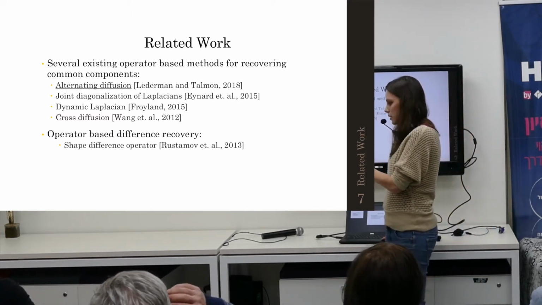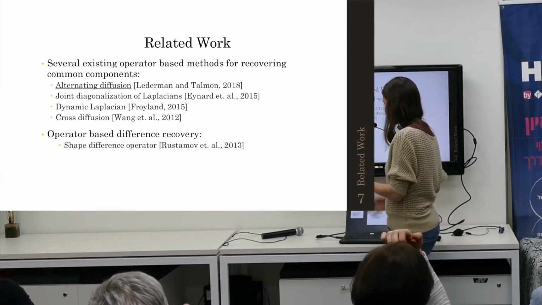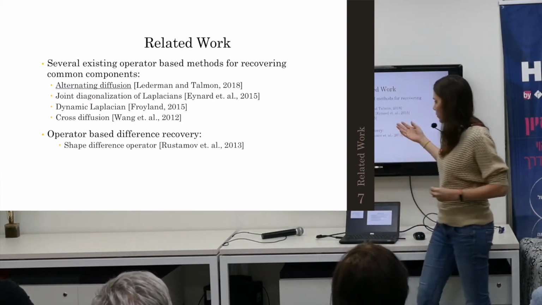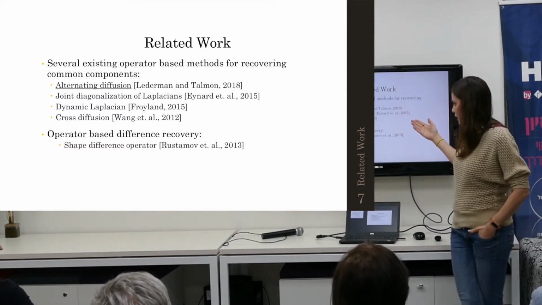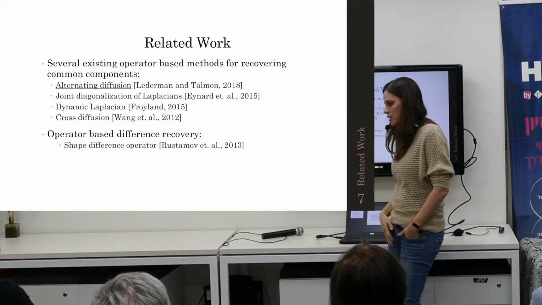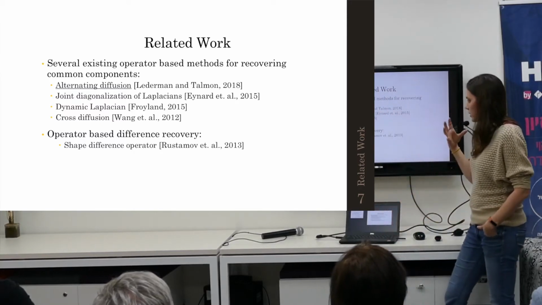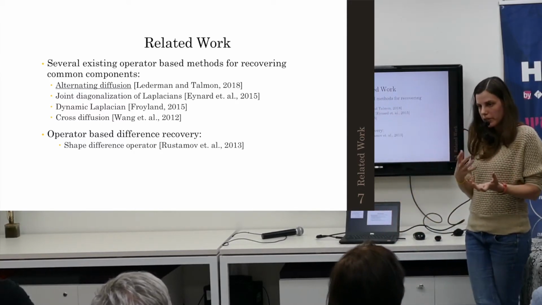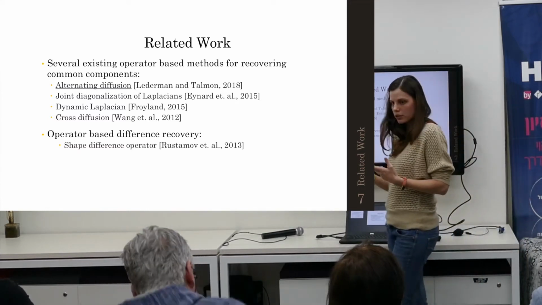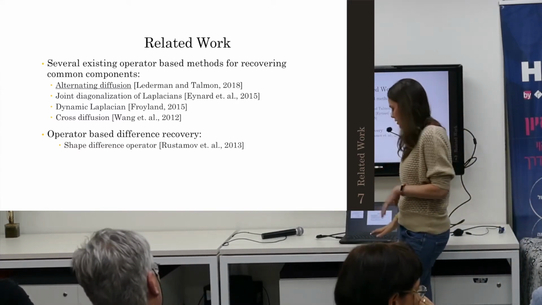We also propose a method to extract the differences in a related manner. One method that relates to extracting the differences is the shape difference operator, which is not so recent work, but this work specifically focuses on comparing shapes and is not easily extended to high-dimensional datasets.